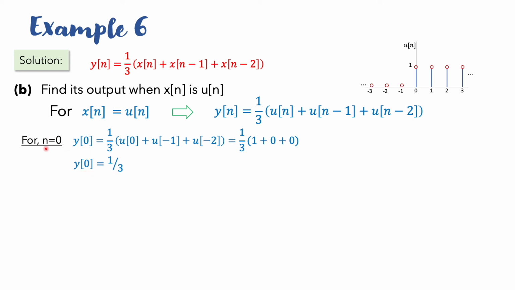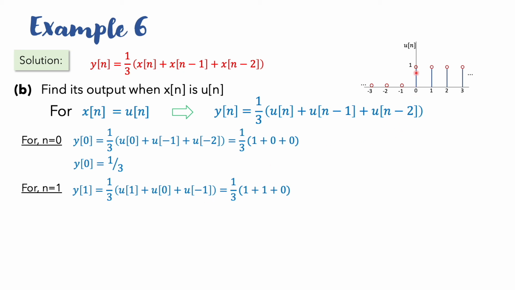Now for the next value, n is equal to 1. We'll do the same. n equal to 1 means u of 1, this sample, right? U of 1, and this will be u of 0, and this will be u of minus 1.